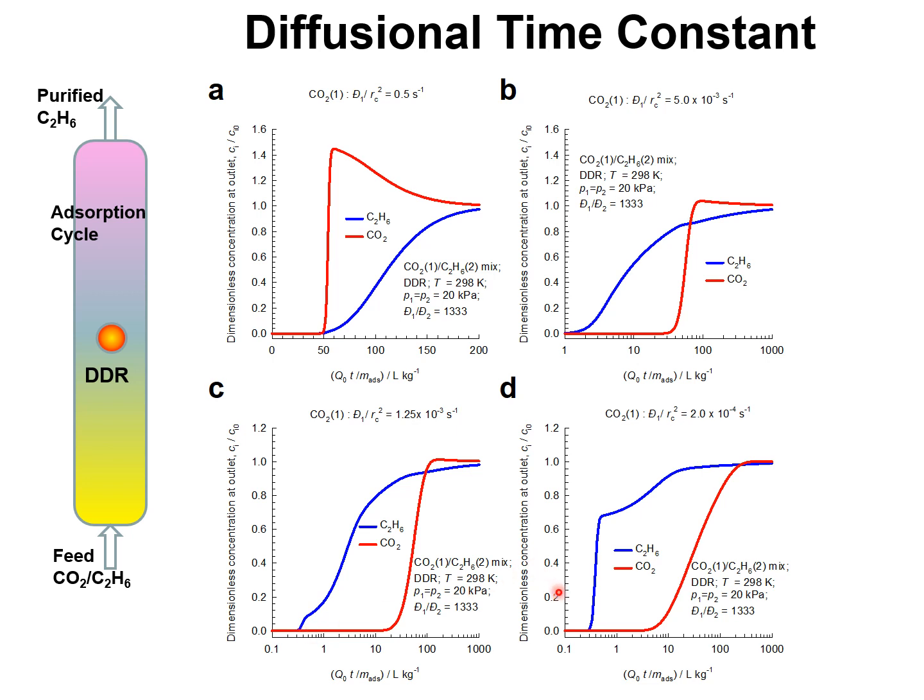But if the diffusional time constant is very low, both the breakthroughs occur earlier, and therefore the distance of separations are significantly influenced by the choice of the particle size and therefore the diffusion time constant.